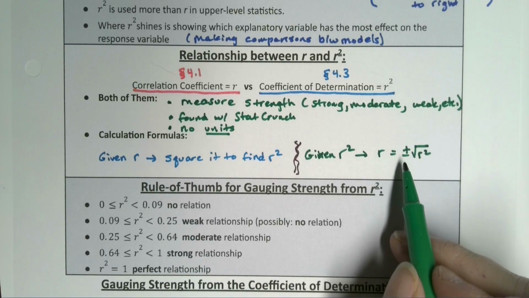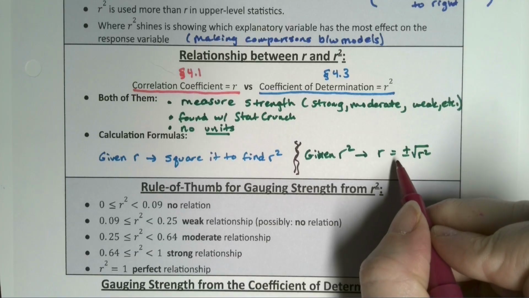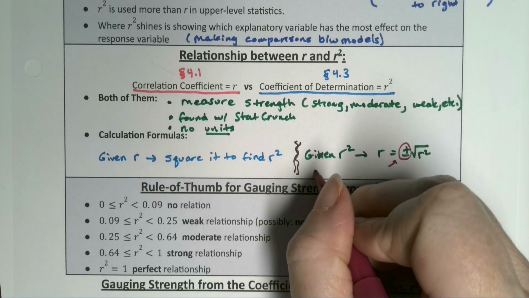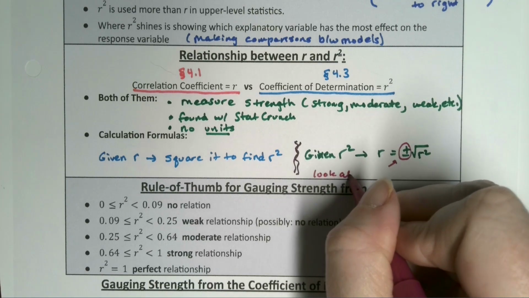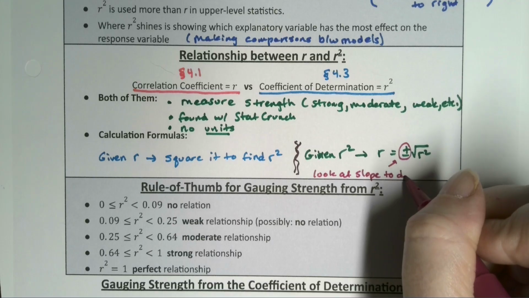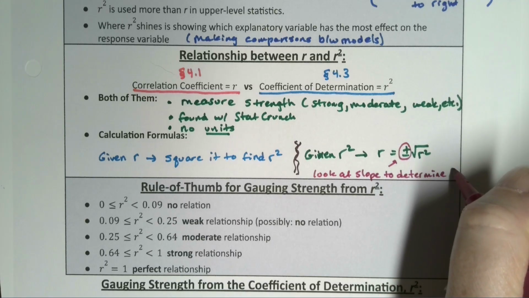And it could be positive or negative. It depends on the relationship of the variables. So you'd have to look at the slope of your graph to figure out whether it's positive or negative. If your slope is negative, then the r is negative. If the slope is positive, then the r is positive.